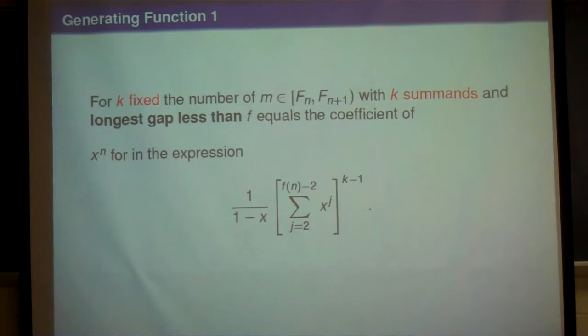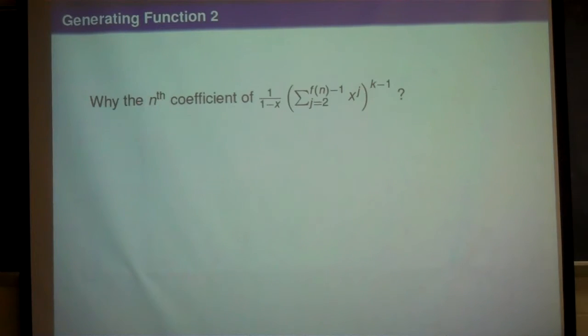Alright, so how do we get this generating function? Remember, we want to find the number of numbers with the longest gap less than f. If we fix a k, and only look at m in F_n to F_{n+1} that have k summands in their Fibonacci decomposition, then we can find right away that the number of m with k summands and longest gap less than f is equal to the coefficient of x to the n in this expression.